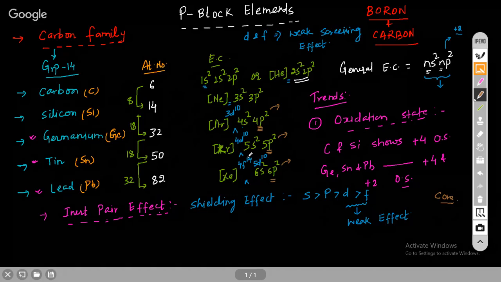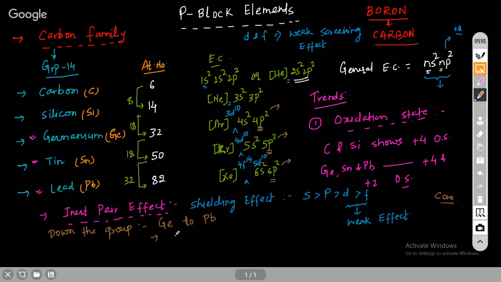Okay, so what happens you see here, this is important now. As we go down the group from germanium to lead, Pb, what happens? The tendency to form +2 oxidation state increases.